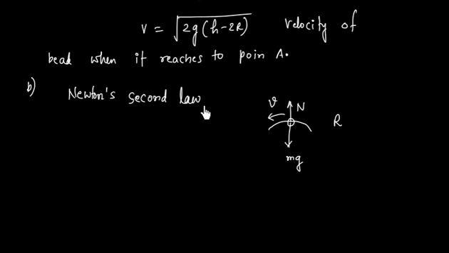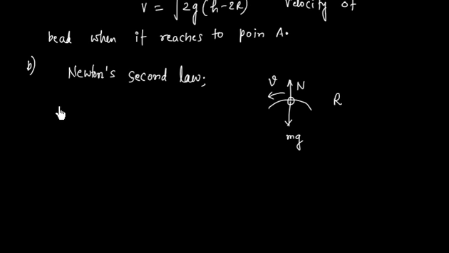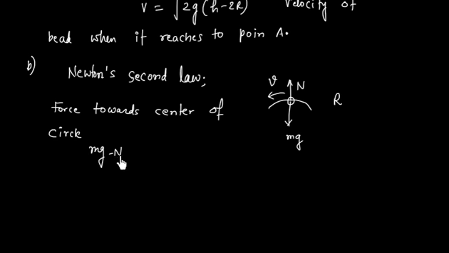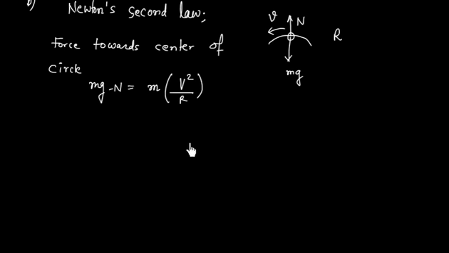Now let us write force in the downward direction, that is force towards center of circle. So this force is mg minus N. This is equal to mass into acceleration. Acceleration, if it is moving in a circular path, is v square by r.